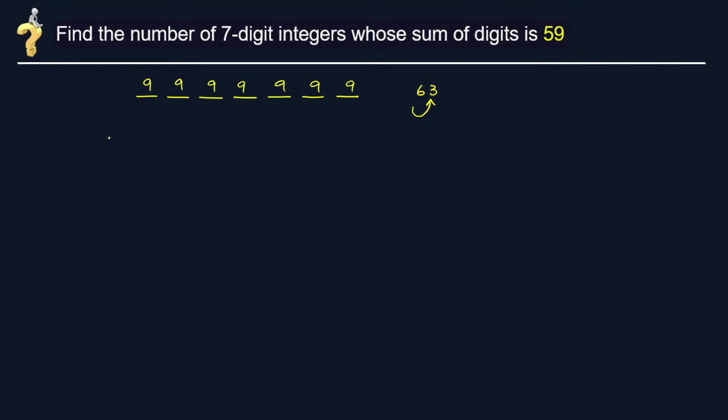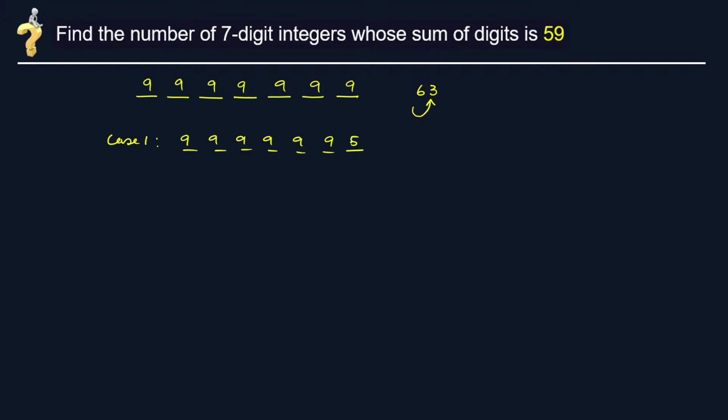So let us now take case 1. Let me say 6 of the digits are 9. So what will be the 7th digit? 9 sixes are 54, so we are left with the digit 5. So let me place 5 in this place. Yes or no?